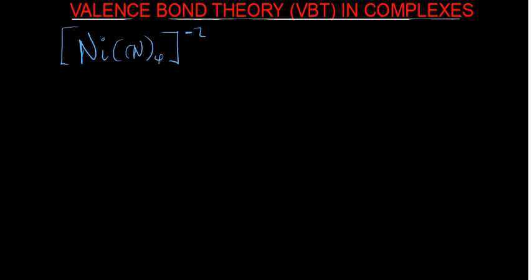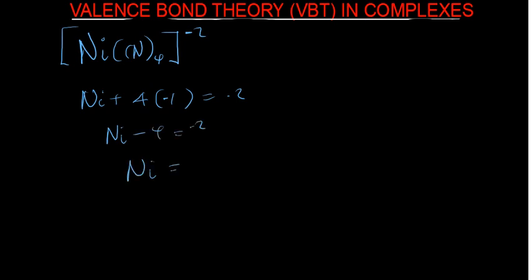We have got nickel, and then we've got 4 cyanide. Each cyanide has an oxidation number of -1, so CN minus. This should be equal to the charge, which is -2. So nickel minus 4 is equal to -2, and that will give us nickel 2 plus in this compound.